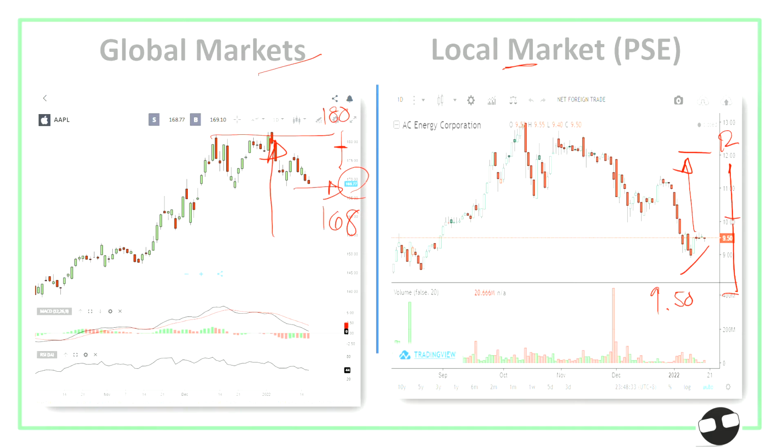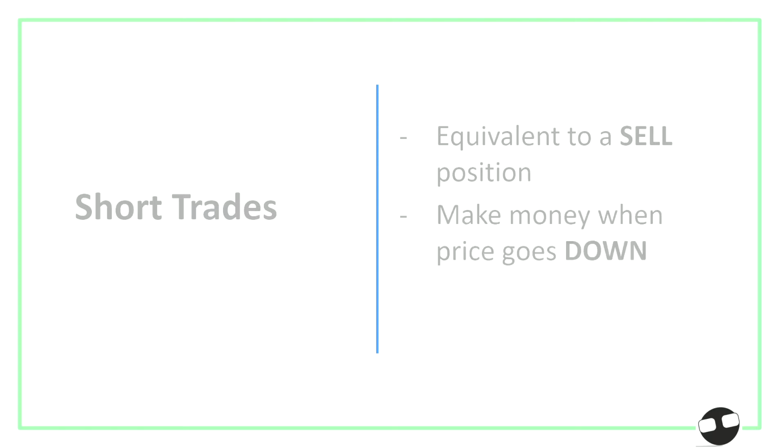Okay, so let's jump to short trades. This is actually equivalent to a sell position, and therefore you are making money when the price goes down. And here your strategy is to open high and to close low.